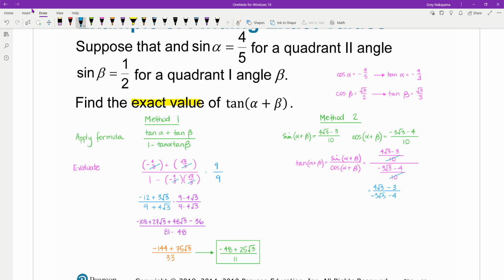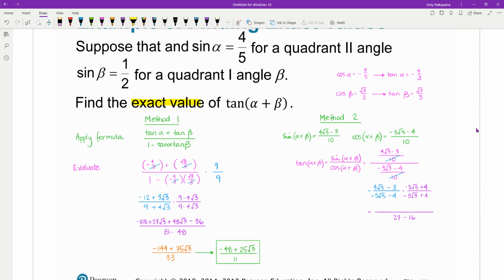And I have to multiply by the conjugate of my denominator, which means I change the sign only of the second term. So that's negative 3 square roots of 3 plus 4. And to multiply that out on the bottom, 3 times 3 square roots of 3 times 3 square roots of 3 is 9 times 3, which is 27 minus 16.